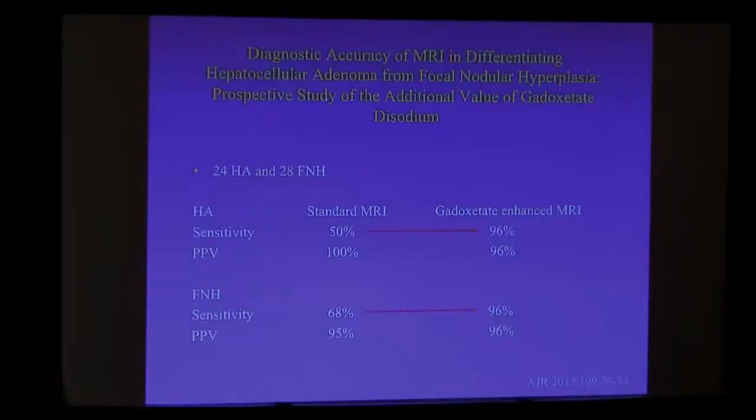Recently, the addition of new contrast agents to the MRI have improved our accuracy to diagnose liver lesions. I think all of you are familiar with gadoxetate disodium, or what we call Eovist. The characteristic of this contrast material is that it is taken up by the hepatocytes.